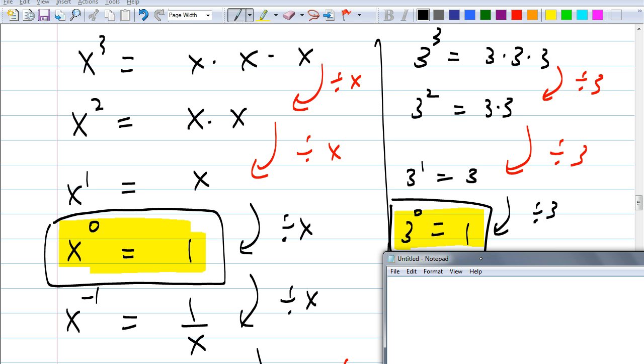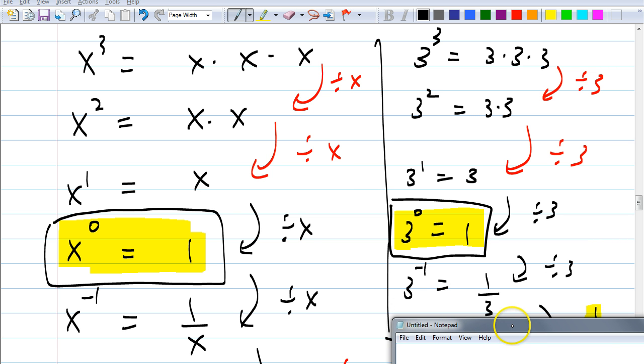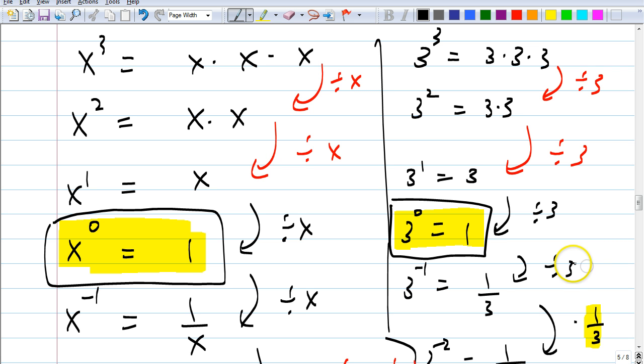Yes? Let's do one more time. What will 3 to the negative 1 power be? 1 over 3, because you're dividing by 3. Does that make sense? And we could keep going. So what would x to the negative n power be? X to the negative n will be 1 over x to the n.